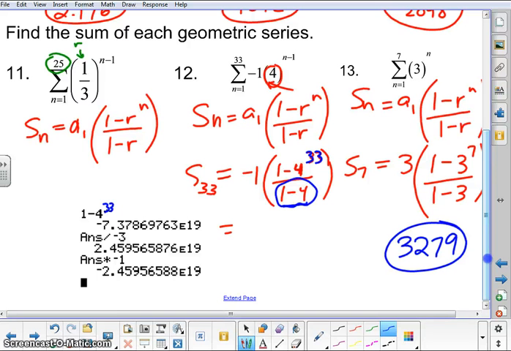And I got still a humongous number. And then I multiplied that by a negative 1. So then I've got a negative 2.45, and I don't want to write out every single decimal. But as you recall from class, that e to the 19 just means it's in scientific notation. So it'd be times 10 to the 19th.